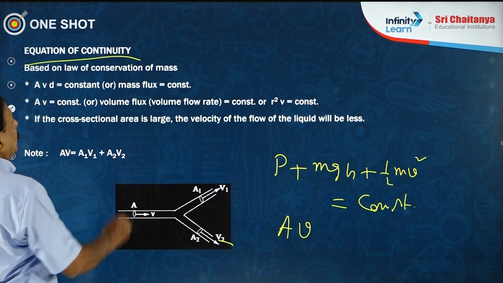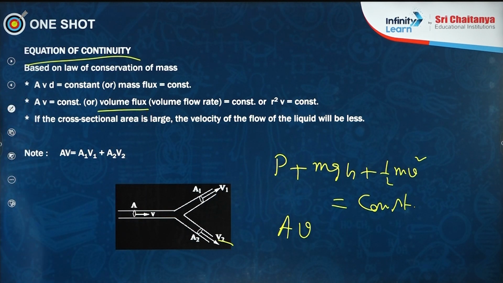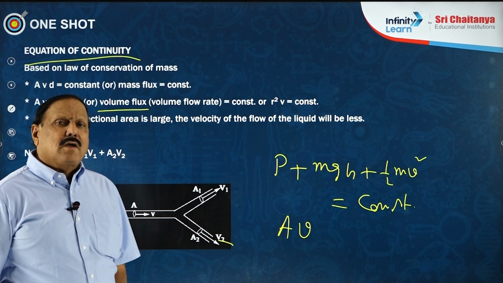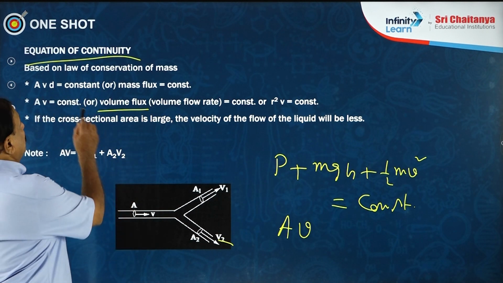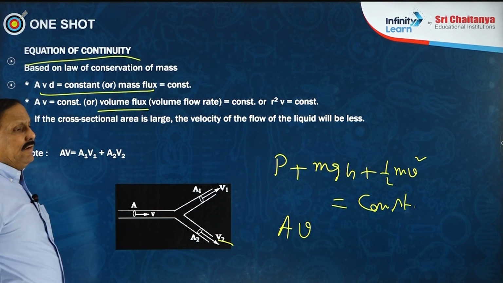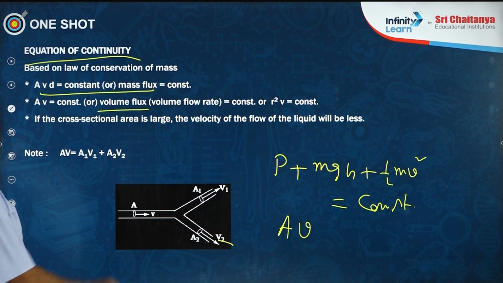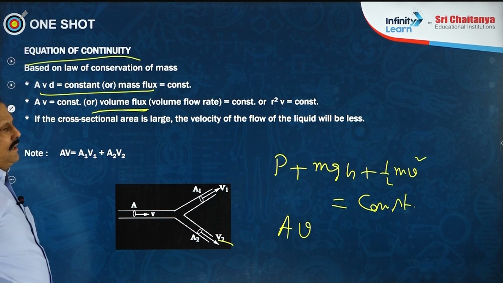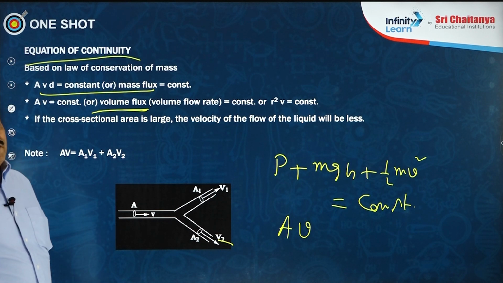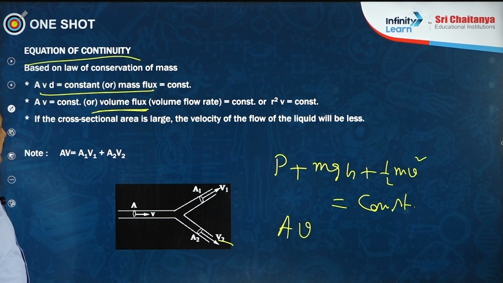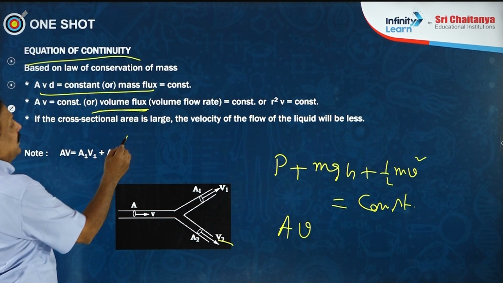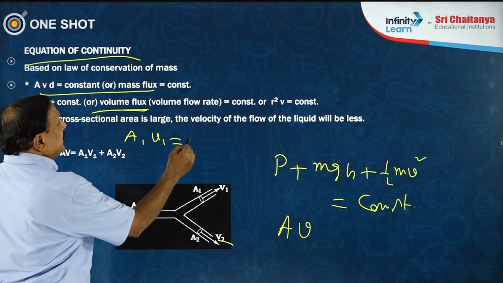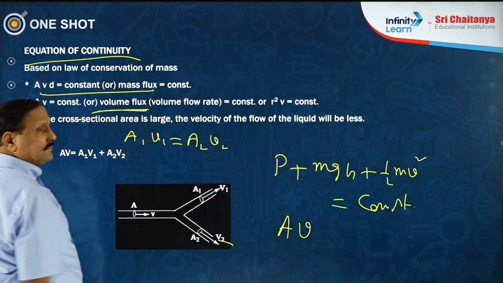The volume flux of the liquid flowing through a pipe is always constant. Similarly, AVD is called mass flux. Either volume flux or mass flux is constant. This is the equation of continuity. Based on it, we can formulate A1 V1 equals A2 V2.